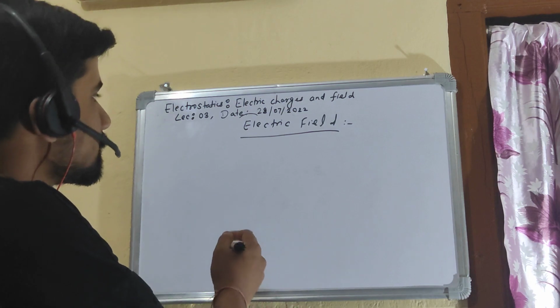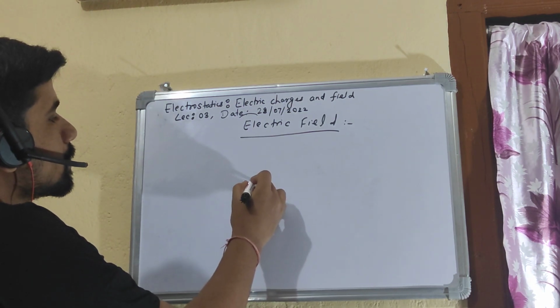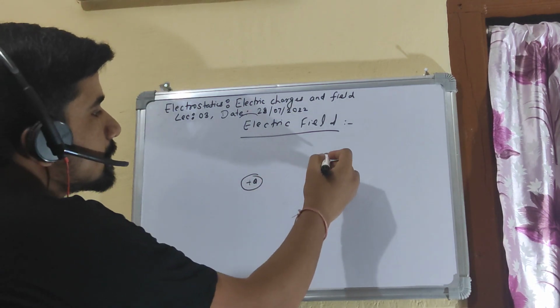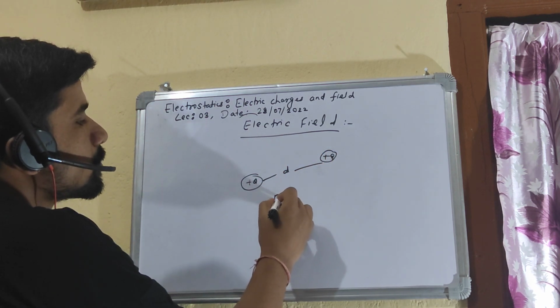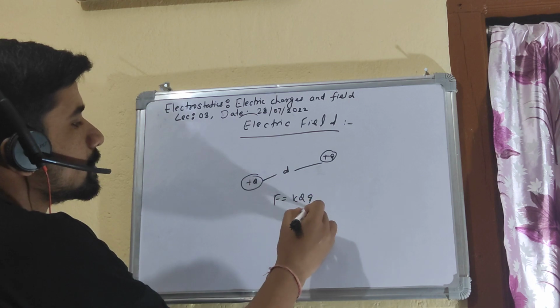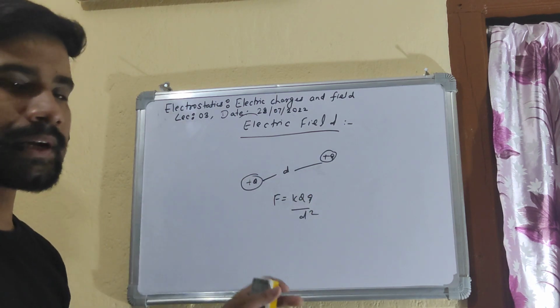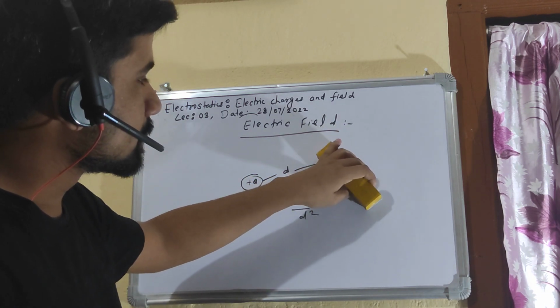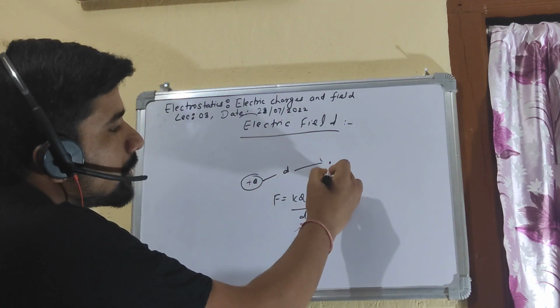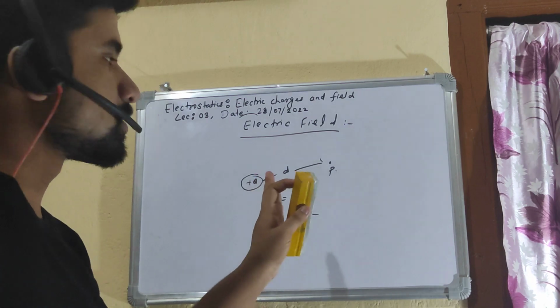Let's say, according to Coulomb's law, this is a plus q charge, and this is again a plus q charge, and this plus q will exert a force of kq by d square. But let's say I remove this particular plus q from here. This point is named p, and I have removed the plus q charge.